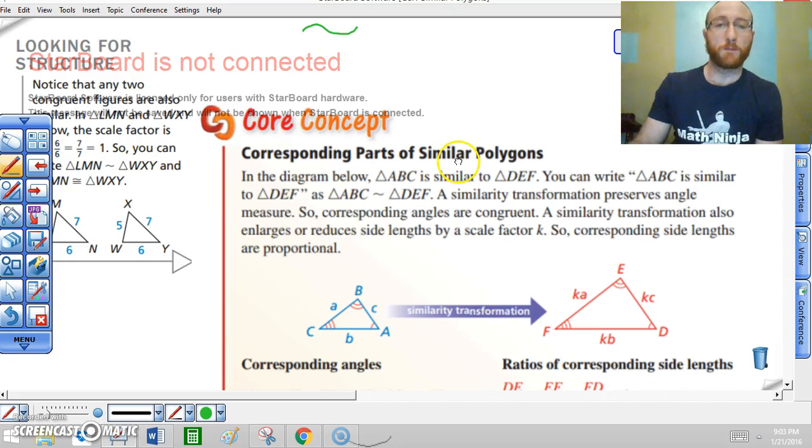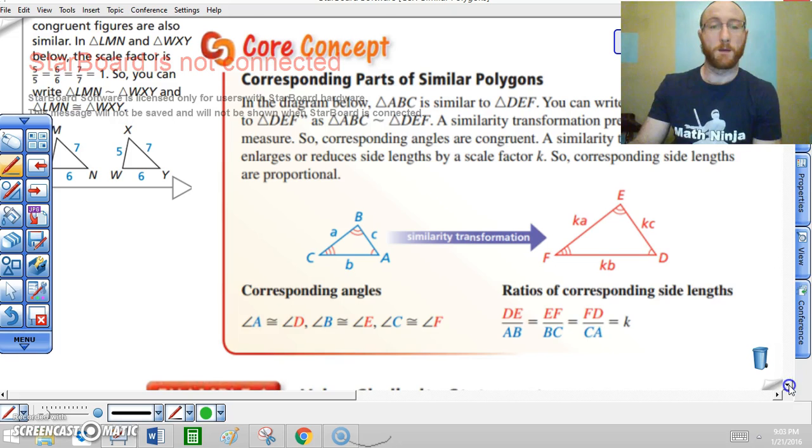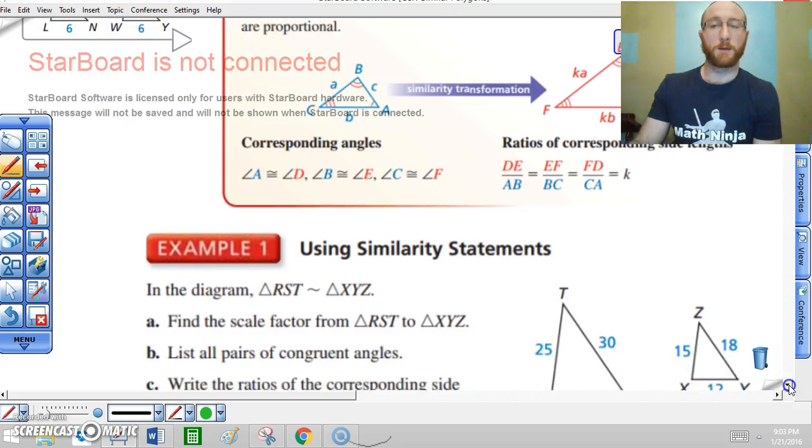What that looks like is angle C is congruent to angle F, angle A is congruent to angle D, angle B is congruent to angle E. And all the matching side lengths are multiples of this scale factor k. So the ratio of side lengths DE over AB equals EF over BC equals FD over CA, all reducing to that scale factor k. Alright, let's do a problem together.